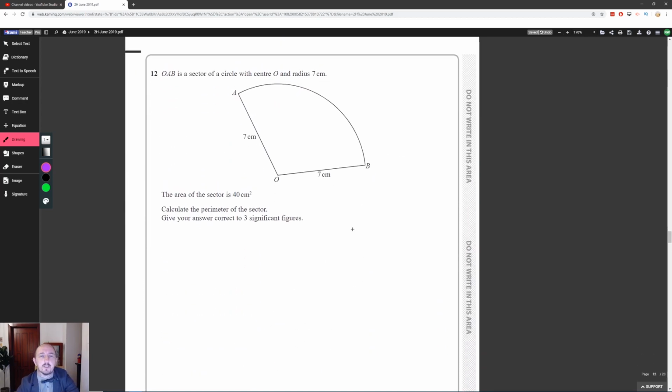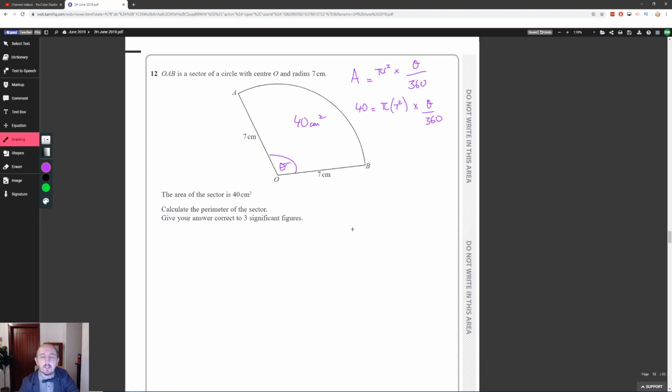Sector of a circle, so we know the formula for a sector is pi r squared, and we multiply that by the angle, which is there, over 360. Okay, so in this case we don't know what theta is, but we do know that the area is 40 centimeters squared, so we can rearrange this and we get 40 equals pi lots of 7 squared times theta over 360.